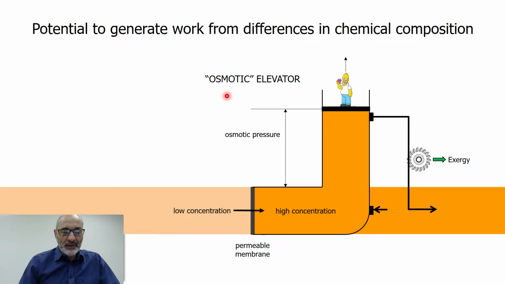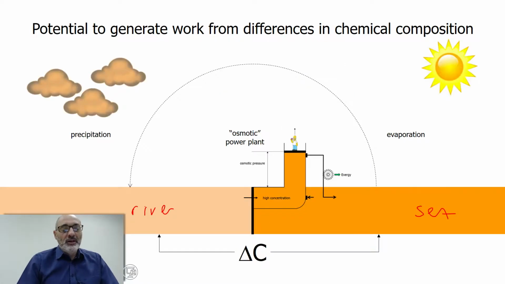And actually, if you look at the bigger picture, what maintains this difference in concentration? Suppose this is the sea and this is a river, which contains no salt, supposedly. What actually maintains this difference?